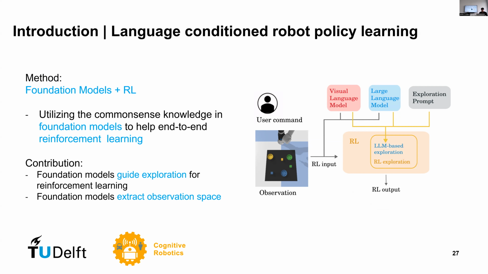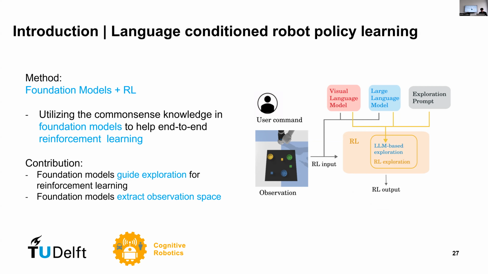And reinforcement learning also has real-world grounding because it interacts with the environment and gets the reward signal, so it can alleviate the problem that foundation models might make mistakes. So my work is a combination of those two options I mentioned before.